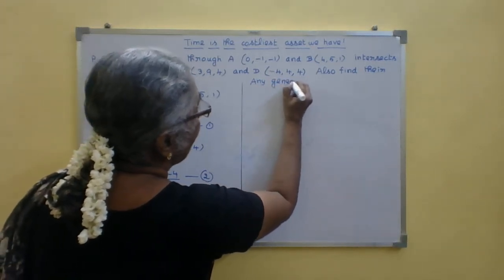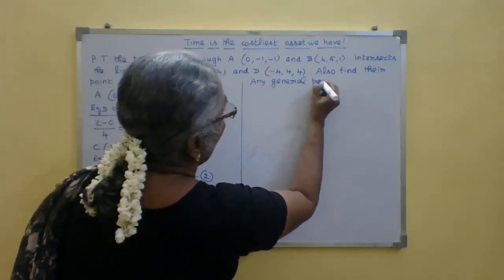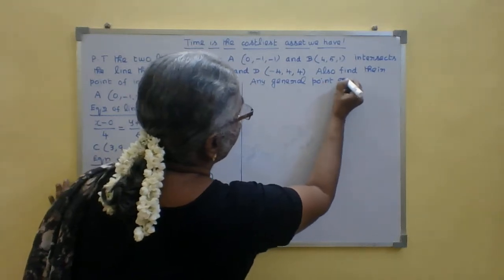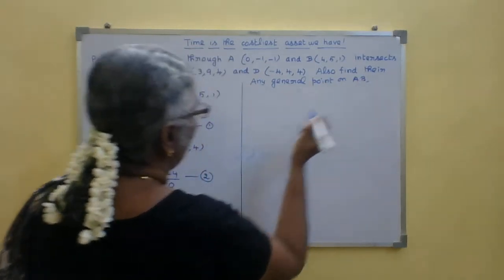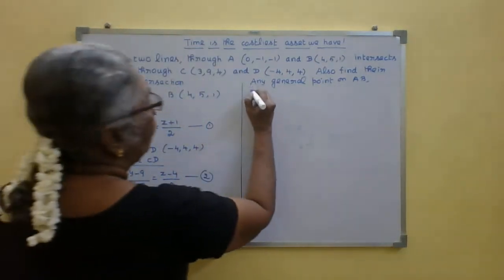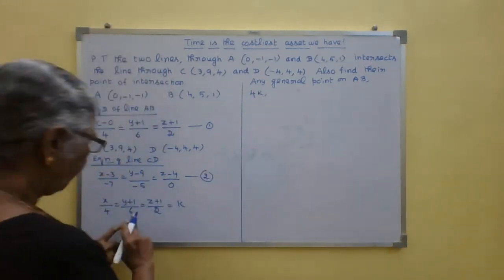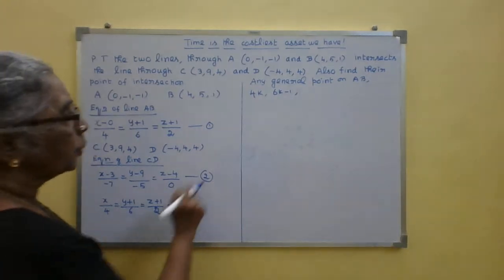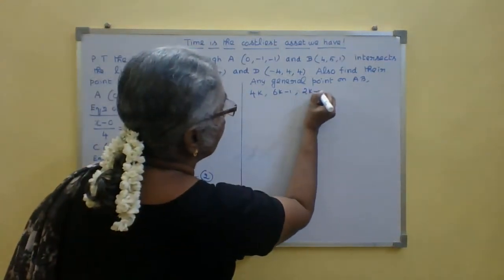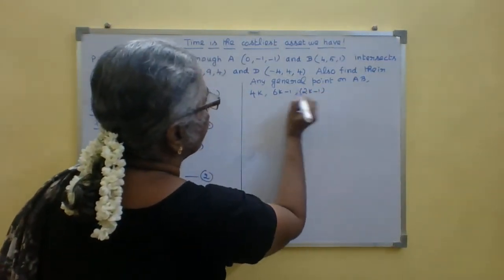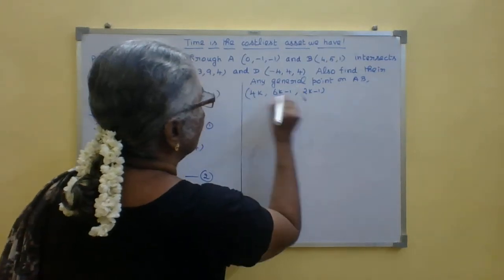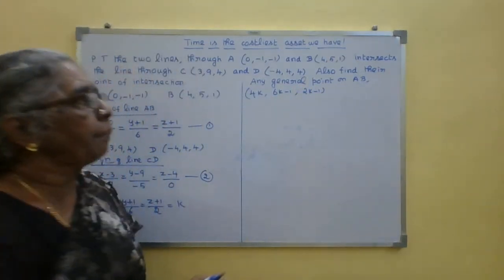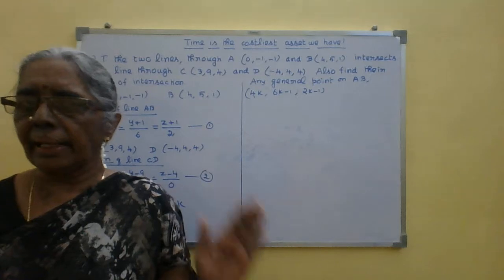Any general point on AB will have coordinates (4k, 6k - 1, 2k - 1). So this is any general point on the line AB.